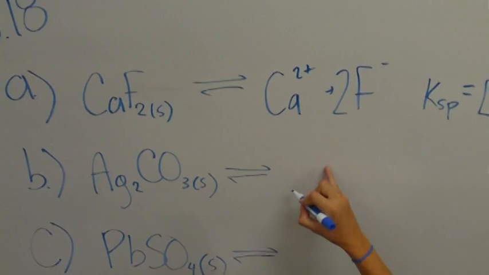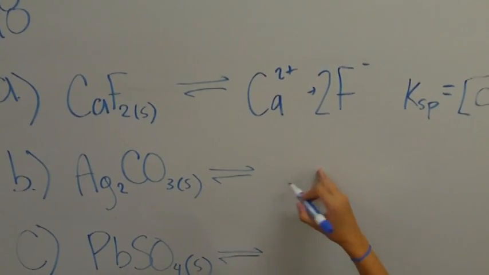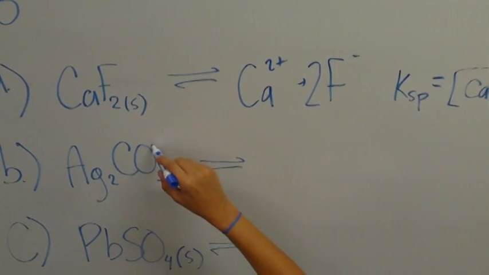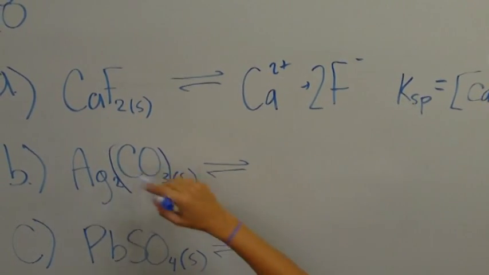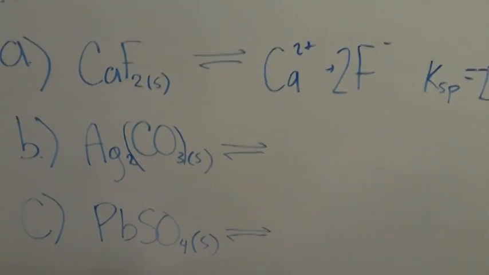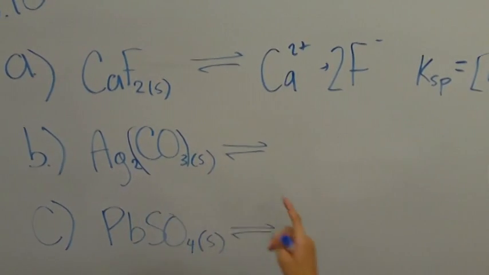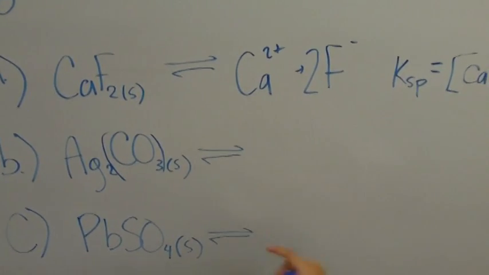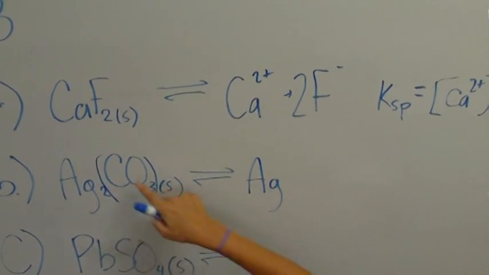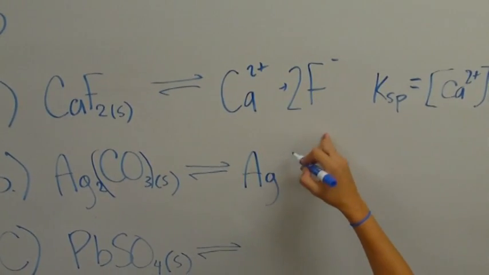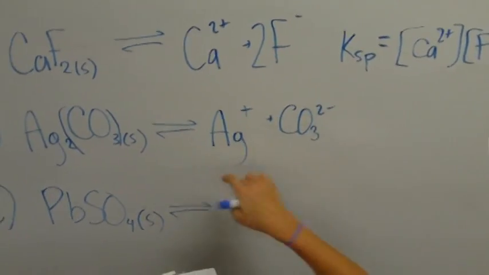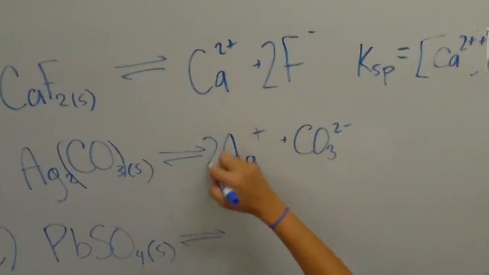We know that carbonate has a -2 charge, so that means that if we want to cross multiply or whatever, this must have also a 2 charge. So it's going to be silver plus and carbonate 2 minus, and then since there's 2 silvers, we're going to put that as the coefficient.